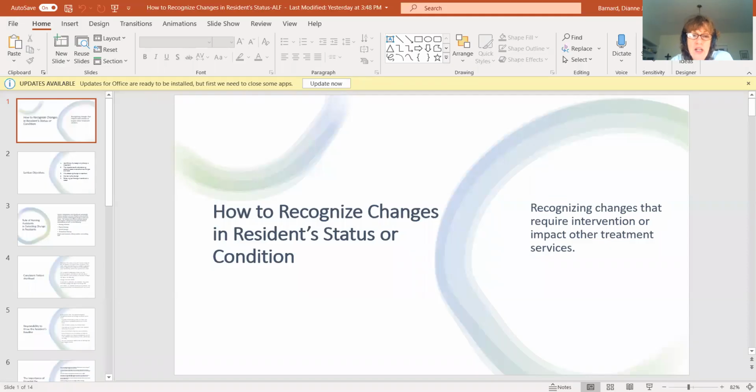So how to recognize changes in resident status or condition is a super, super important part of anybody's job who works with patients, and particularly the frontline workers, who I'd like to think of as the eyes and ears and voice of patients.